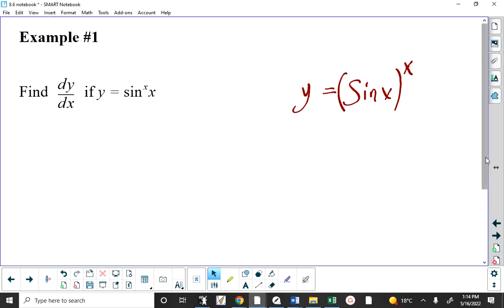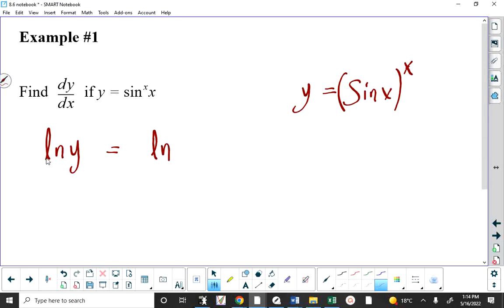Well, the first step says you take the natural logarithm of both sides. And I'm going to rewrite this that way. And once you see what's about to happen, logarithmic differentiation is really simple.